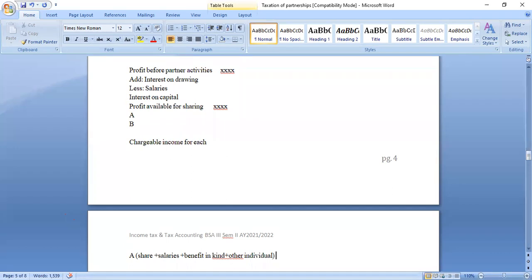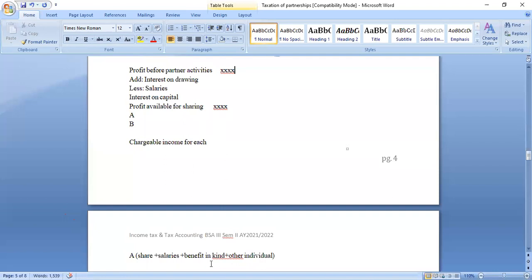Partnerships, we don't tax the partnership itself, we tax the partners. Partners are individuals, so we use the pay rates, the one of 2.820 per annum, and others. So this is the format.